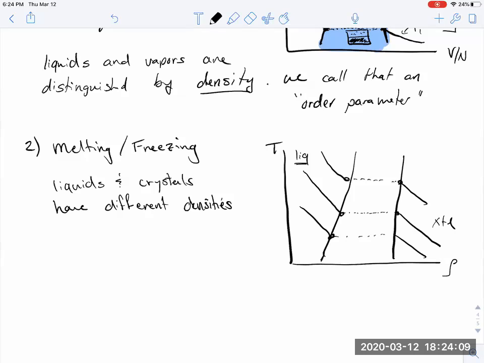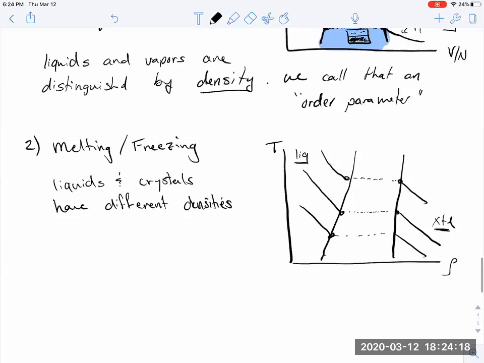So I have a liquid over on the left at lower density than the crystal over on the right. In between, at densities in between that of the crystal and the liquid, if I prepared the system, I would find it at coexistence.